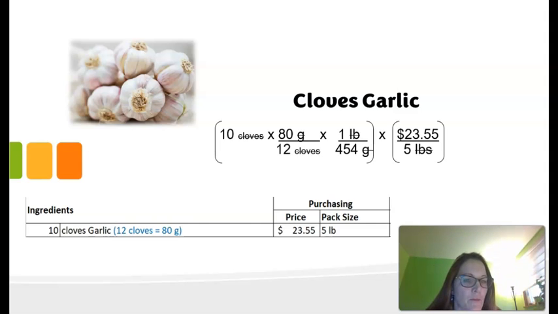So for our calculation, we're doing our 10 cloves, and then we're going to multiply by our 80 grams divided by the 12 cloves, and then we're going to divide by our 454 grams because 454 grams is equivalent to 1 pound, so then we cancel out the grams there, and then we're going to multiply by our price per unit of $23.55, and then we're going to divide by our 5 pounds, and that will give us 69 cents.